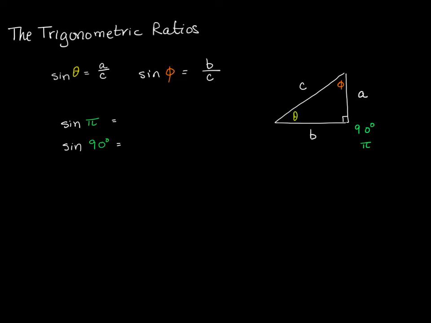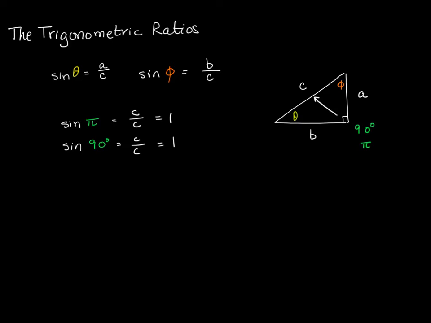Well, the sine is the opposite over the hypotenuse, which is also C. So the sine of 90 degrees, a very special case, is 1. That's worth remembering. We're going to need it in the future.